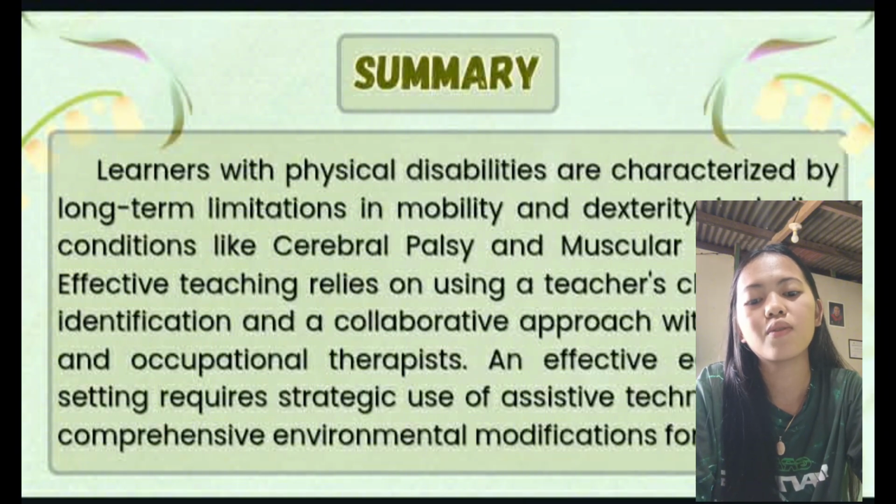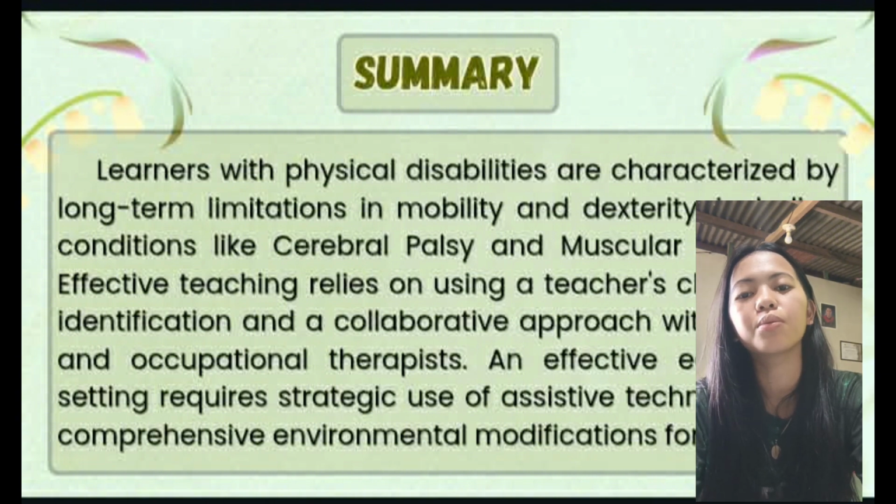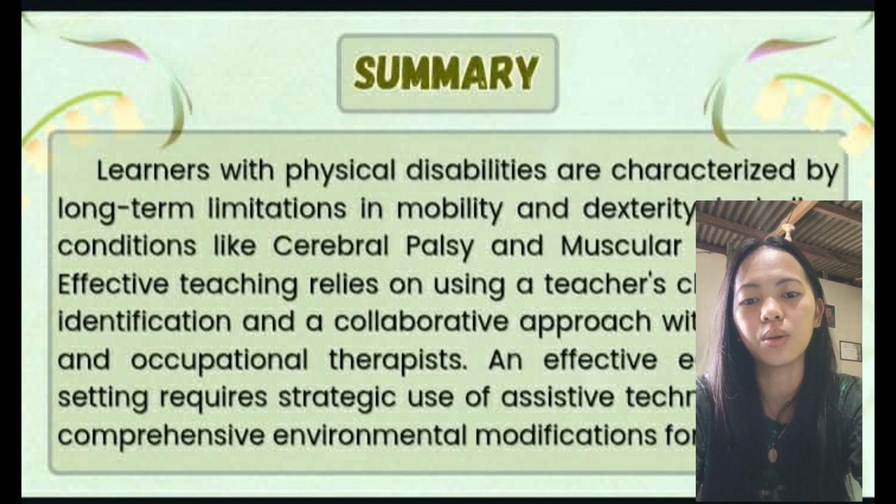So for comprehensive environmental modifications, like making the physical space accessible, like the ramps or the adjustable furniture, the chairs, and the spaces of our physical classrooms. So we need to be mindful, no, as a teacher. So it all matters to us, the way we generally act, no. It's about dedication and passion and full care for our students.